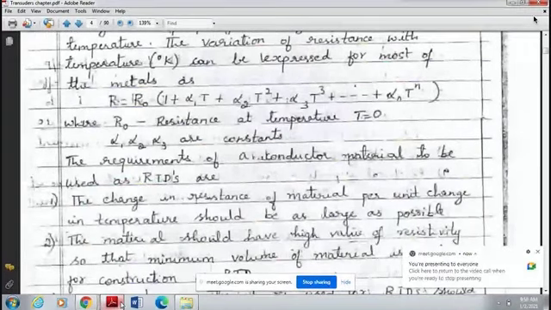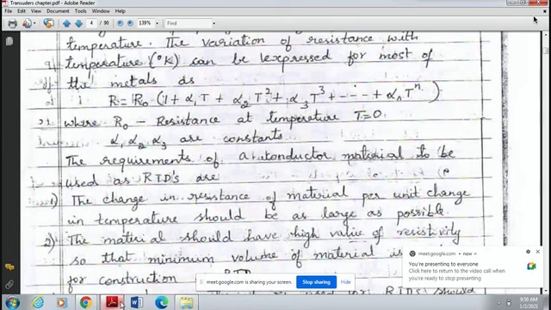So here you can see the requirements of the conductor material to be used. Whatever conductor material you are going to use, what characteristics should it have? The change in the resistance of the material per unit change in the temperature should be as large as possible.